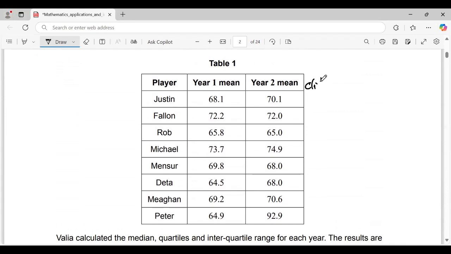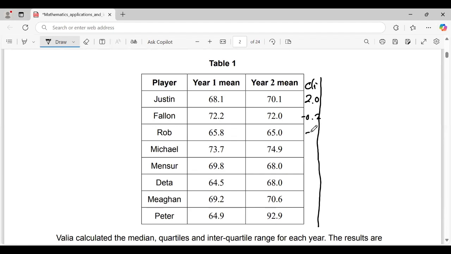Okay, the differences. So the difference is this one: 70.1 minus 68.1 is 2.0, and this one is minus 0.2.